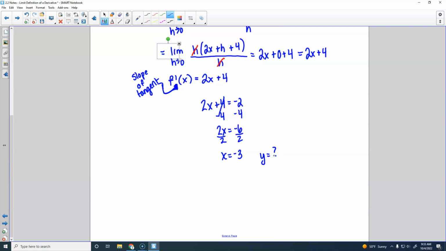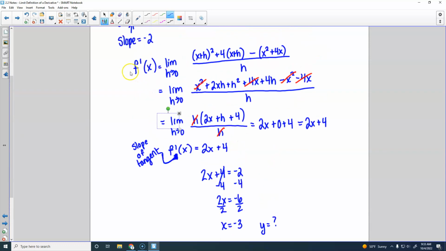Where do we plug it in? No, it will not work to put it in the parallel line. Are we looking for slope? We already know slope. What's our slope? Well, it is 2x plus 4. Specifically, though, we know at this point we want it to be negative 2.